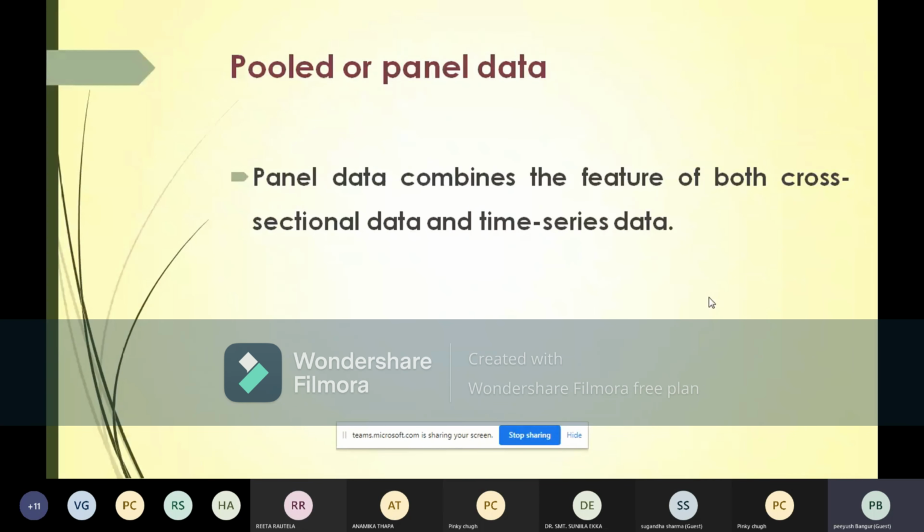One more thing I want to clarify: if you use panel data, the chances of publication are very high. So what does panel data say? Panel data combines the features of both cross-sectional data and time series data. It accepts all assumptions of cross-sectional and time series data.